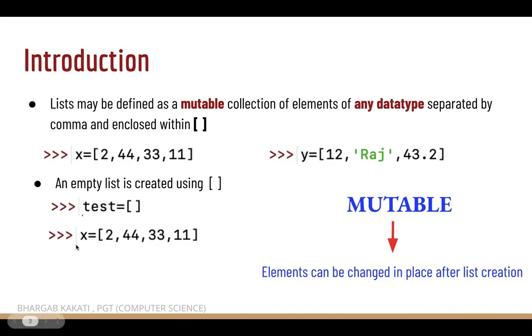For example, if I have this particular list, and from here I want to change the value of 44 to 99, using the concept of mutability, since lists are mutable, in place of 44 I can put 99. How that can be done programmatically, we will see after a few minutes.